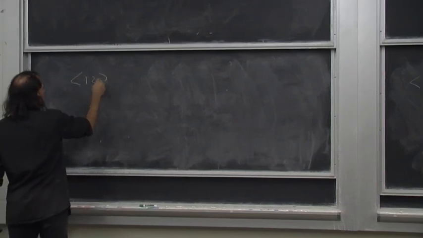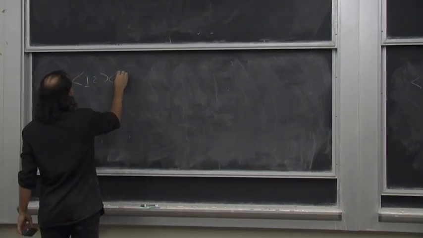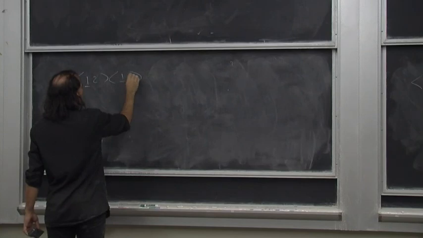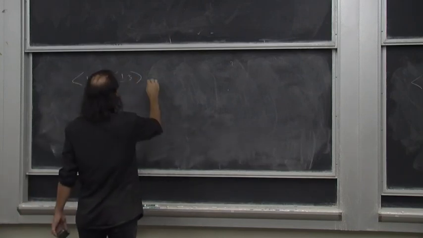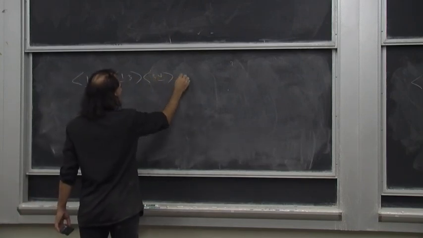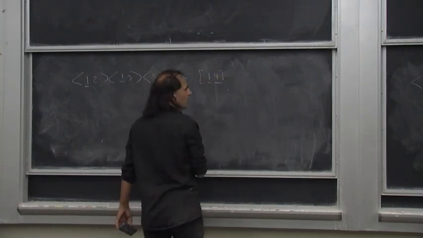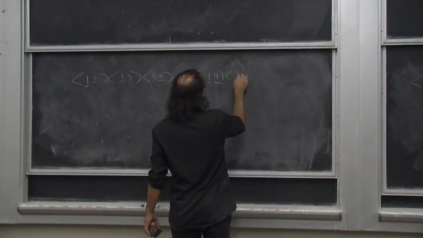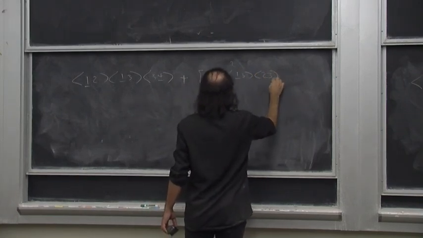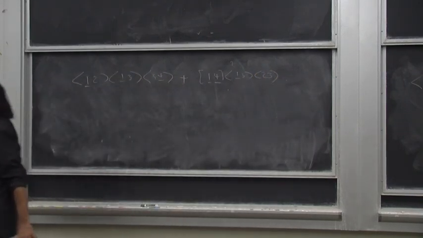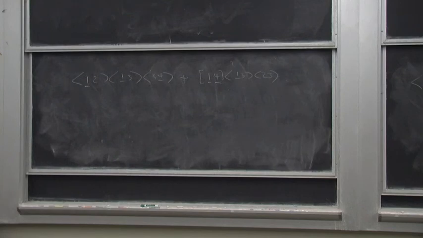I just have 1, 2, 1, 3, right? I'm just doing trivial stuff here. 3, 4 plus 1, 4, 1, 3, 2, 3. Okay, so this is some putative massive amplitude for this funny process.